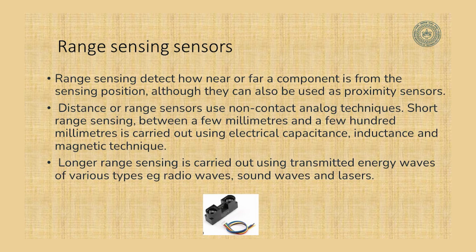You may have short range sensing, which is about a few millimeters, or you may measure a few hundred millimeters using electrical capacitance, inductance or magnetic techniques. Long range sensing is typically carried out using transmitted energy waves such as radio waves, sound waves and lasers. So, radar, sonar and laser measure long range distances.